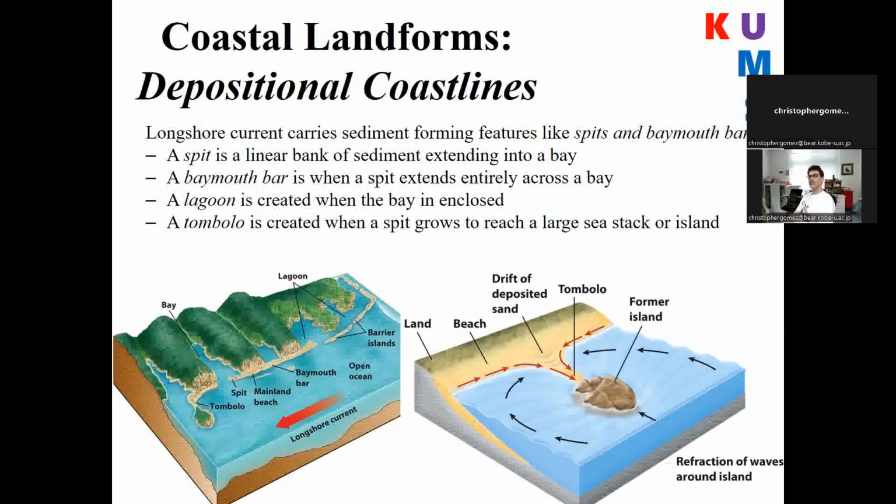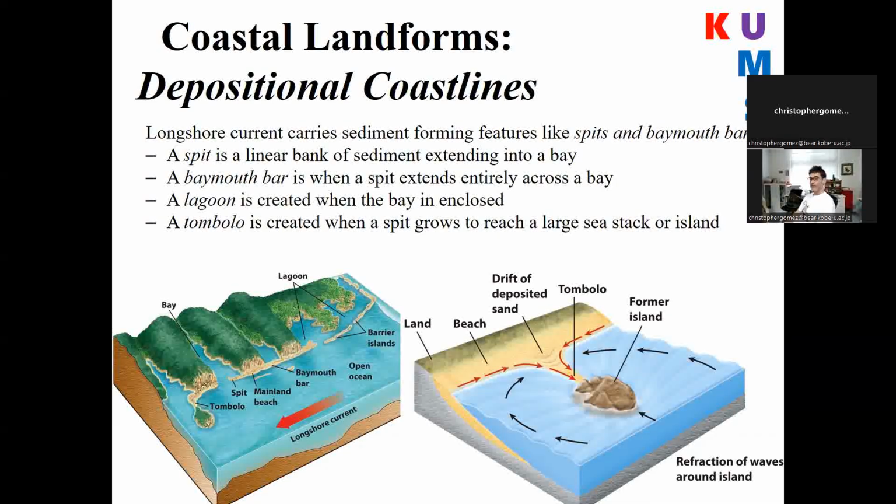So what are the coastal landforms associated with it? We have the depositional coastlines. The longshore current carries sediment, forming features like spits and bay mouth bars. A spit, what is it? A spit is a linear bank of sediment extending into the bay.